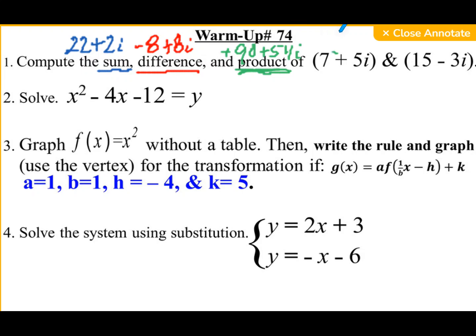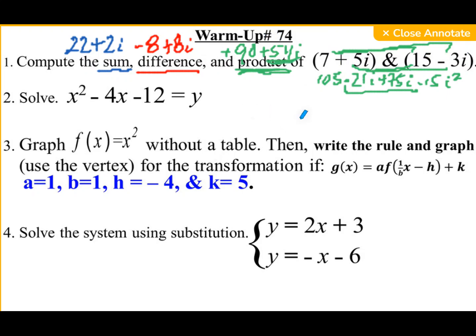Okay, let's double check. 7 times 15, that's 105. 7 times negative 3i, negative 21i. 5i times 15, that's 75i. And 5i times negative 3i, that's negative 15i squared. Okay, so if you combine the i's, 75 minus 21, that is 54.